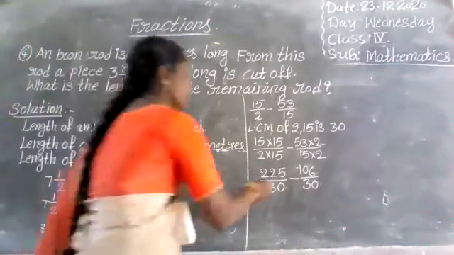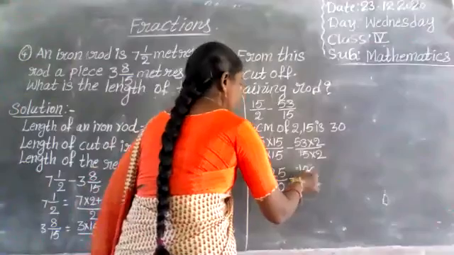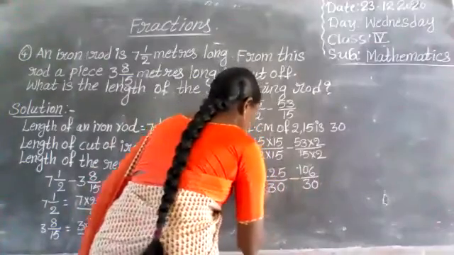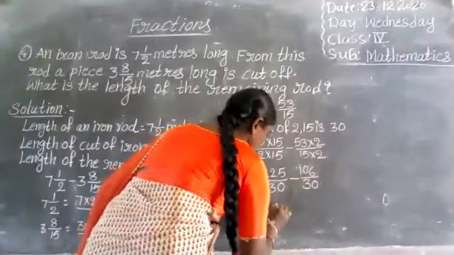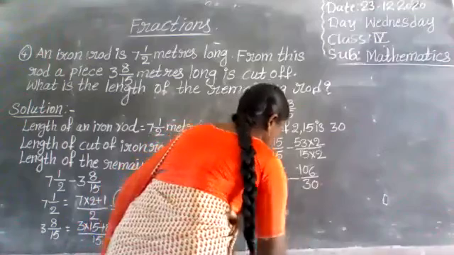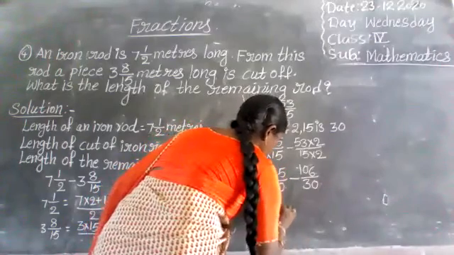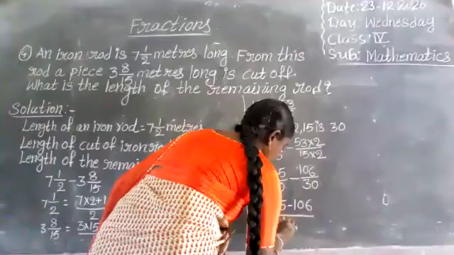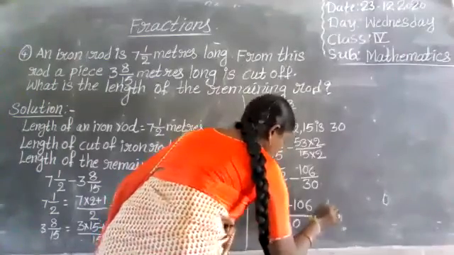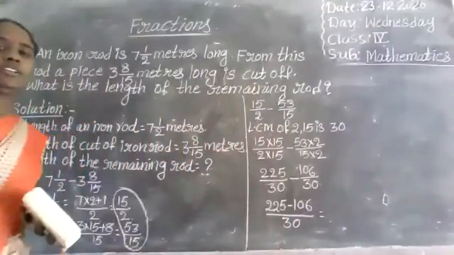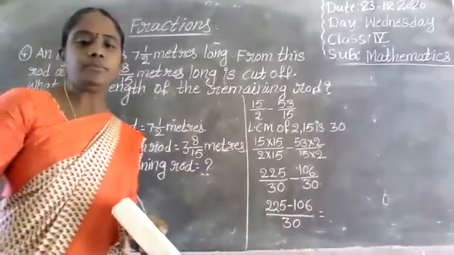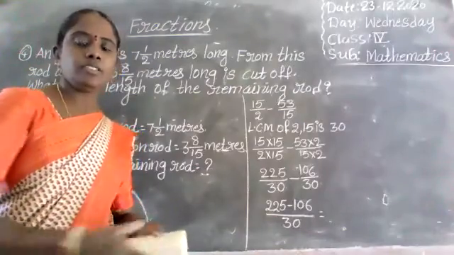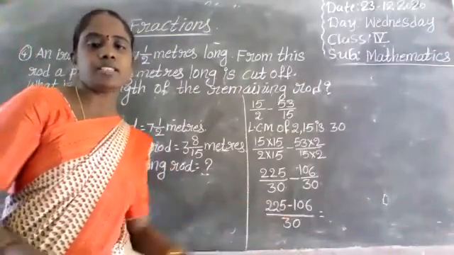Subtract 225 minus 106 by 30. What is the difference of the two numbers? 225 minus 106.